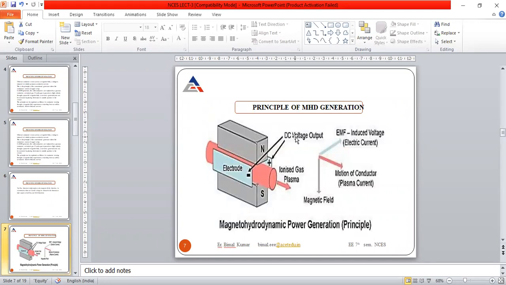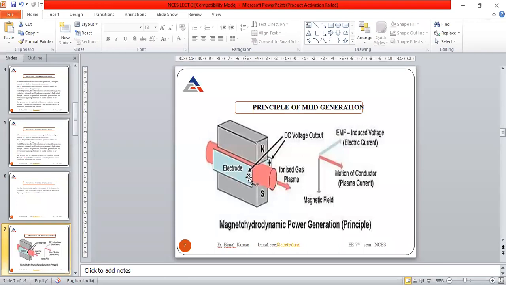Again, I am repeating, this is the north and south pole. In between the north and south pole, there are magnetic field lines, right? And in this magnetic field, ionized gas plasma will be passed through. Then electrodes will be placed at a suitable position. There are always two electrodes, one is the anode, another is the cathode. The positively charged electrode is known as the anode and the negative one is known as the cathode, right?